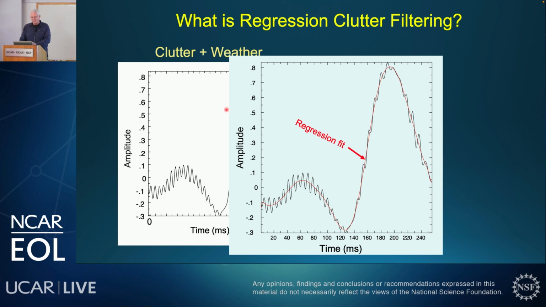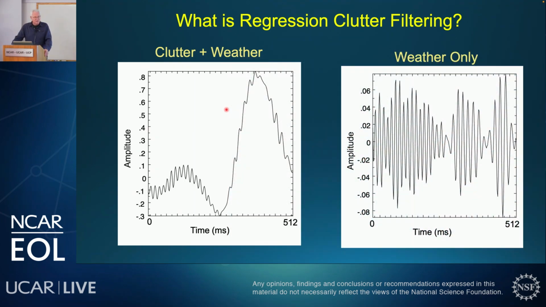Riding on top of it is the weather signal, and you simply subtract it. And voila, there's the weather signal. And that's exactly what weather signals look like. So that's all there is to it. It's really almost stupidly simple, and I'm really surprised that people haven't gone toward that sooner, but I know why, and I'll get into that in the rest of the talk now.